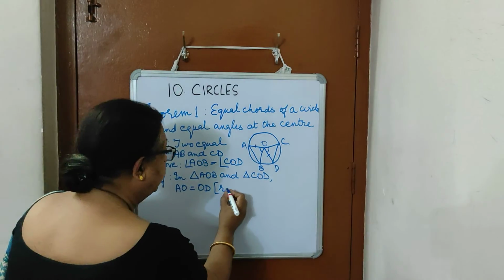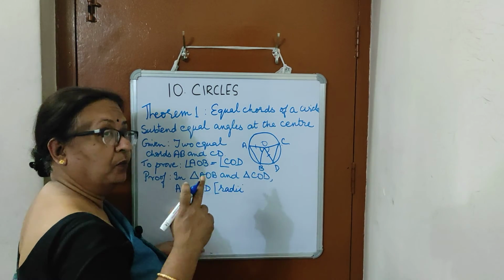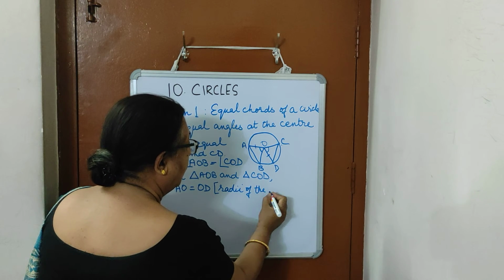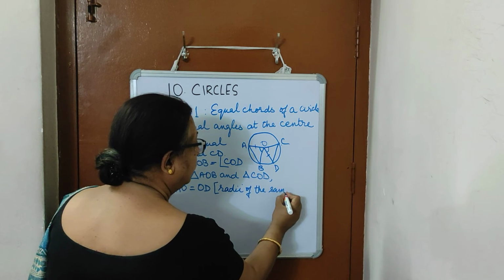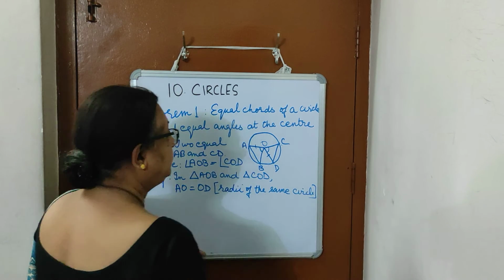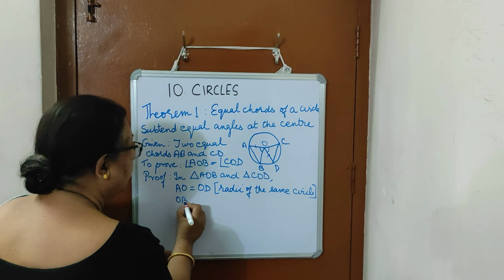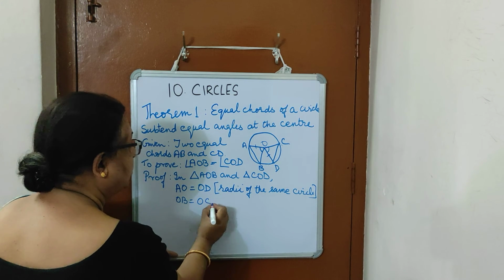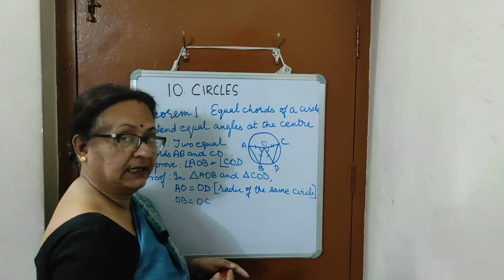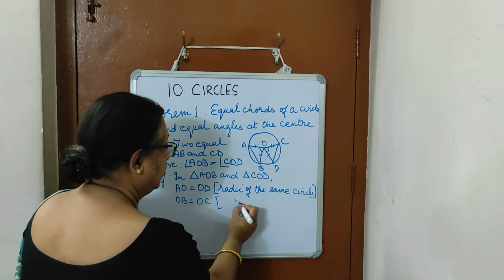So we write here: radii of the same circle. Similarly, check the other side. OB is equal to OC. Yes, again the same reason, they are also radii.